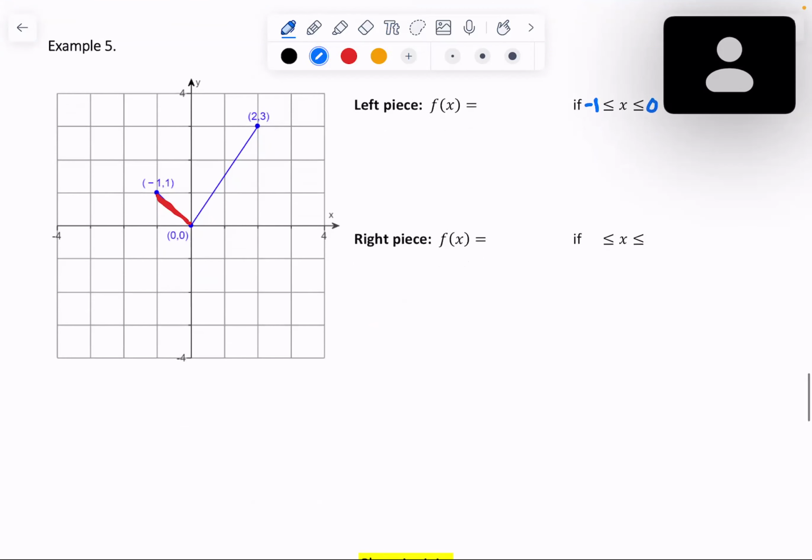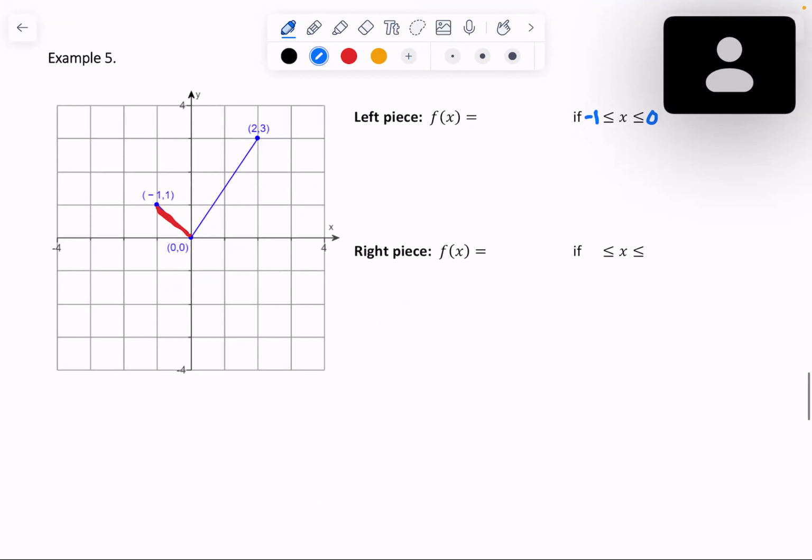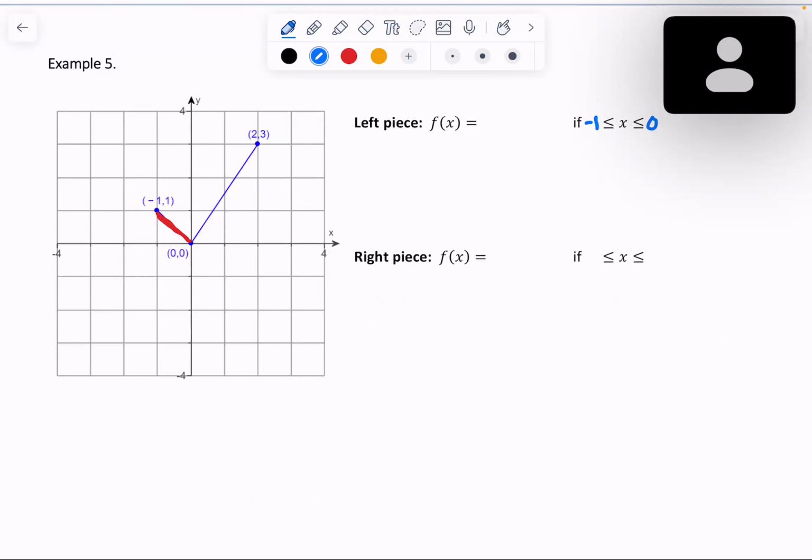So we're just looking at the left piece, not the entire thing. So this first piece is just defined from x is -1 to x is 0, right? So that's where it's defined. Now we just need to figure out what this function is. There's no y-intercept, so it's just going to be a slope in front of an x.